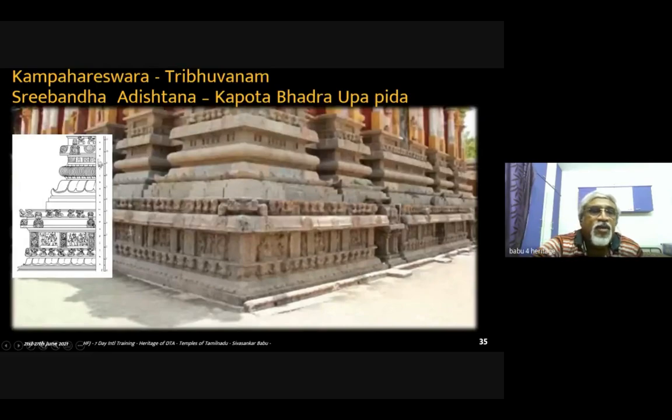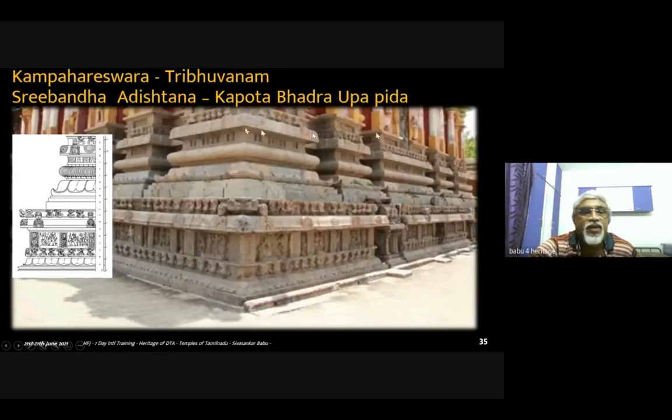Now, on the top, you see all the members are having beautiful decorations. Your Janga is a beautiful lotus, with a lot of fine etchings, and the Kantapadam is having a lot of small structures here. In fact, in Airavateswara and in Kampahareswara, this is the area where a lot of Ramayana and Mahabharata stories are etched.